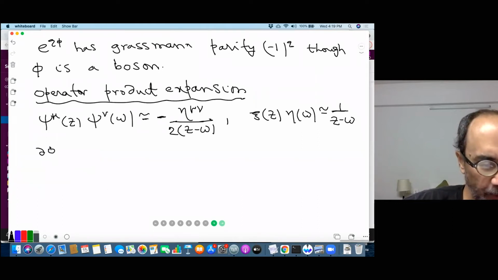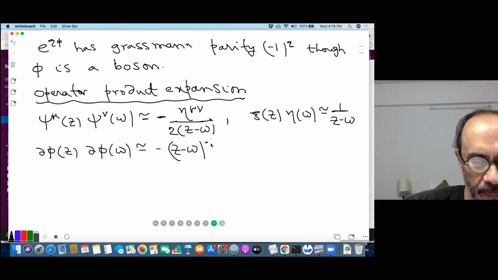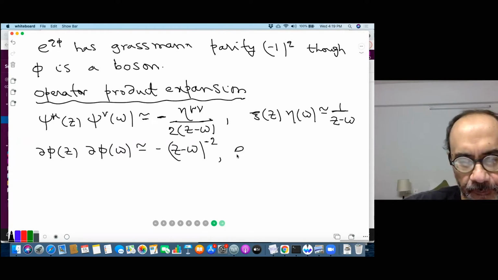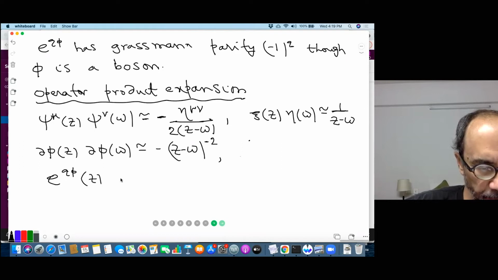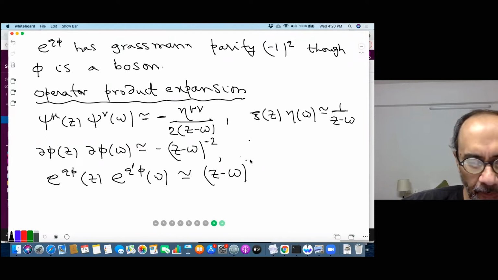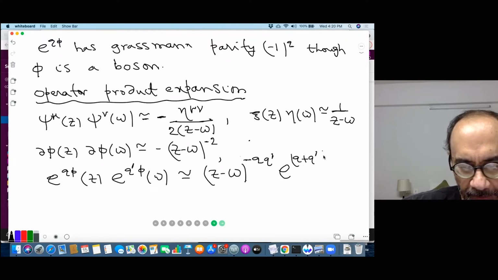Then phi will be normalized such that, and maybe I should write the next one, e to the q phi of z, e to the q prime phi of w is z minus w to the power minus q q prime times e to the q plus q prime phi of w, plus there are less singular terms.